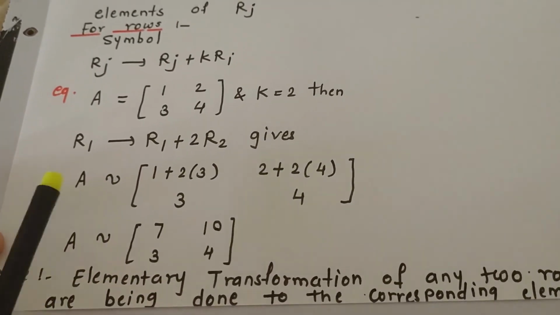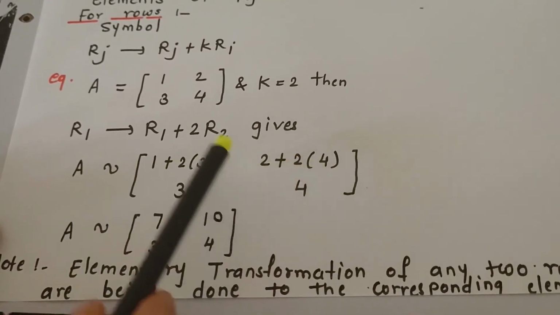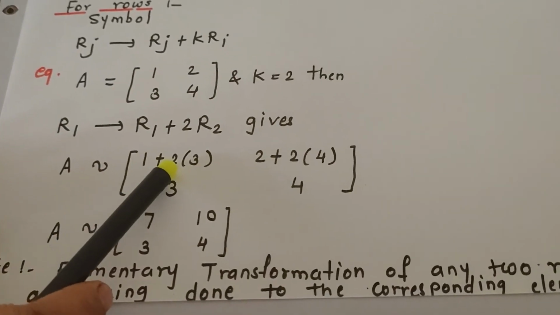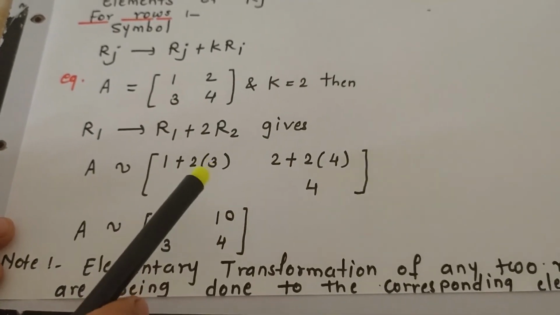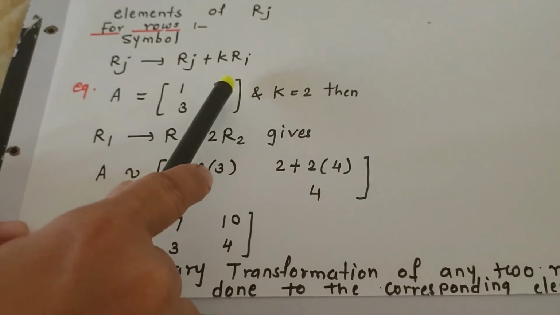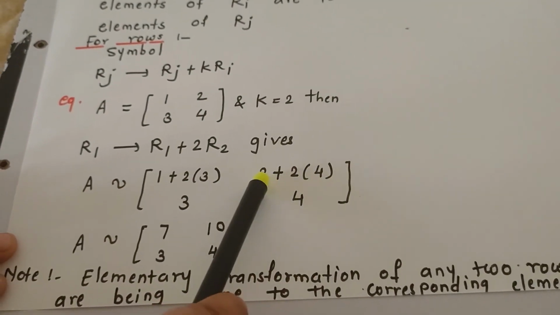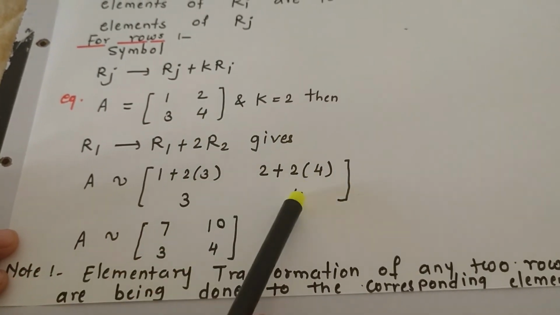It gives a new matrix with changes in R1 such that the elements in R1 plus the scalar multiple of the corresponding elements in R2. So 1 plus 2 into 3, and similarly for the second element in R1, 2 plus the scalar multiple of the corresponding element in R2.